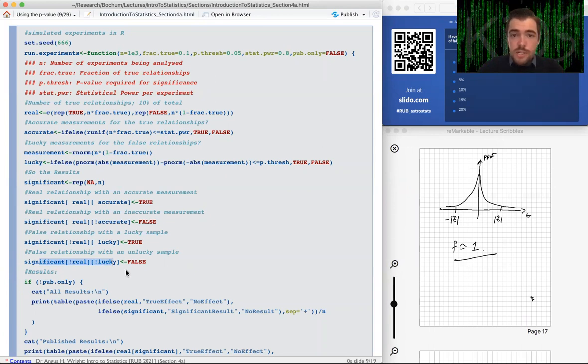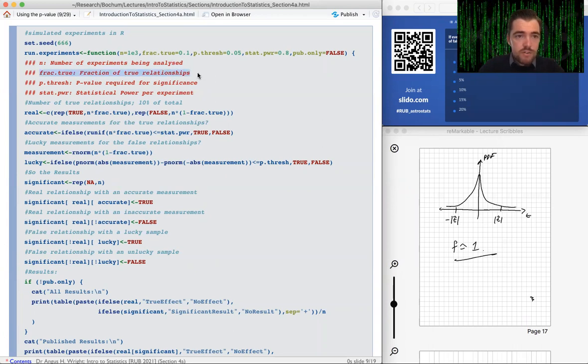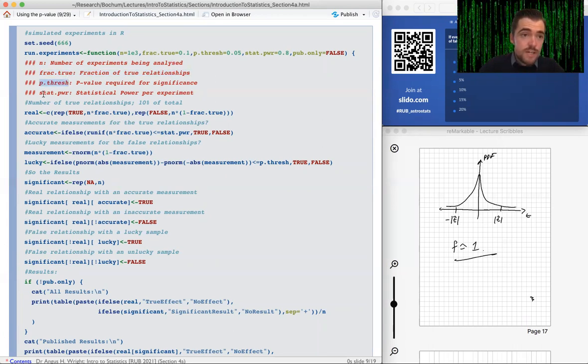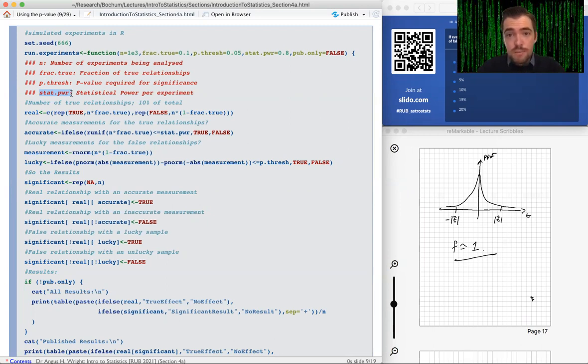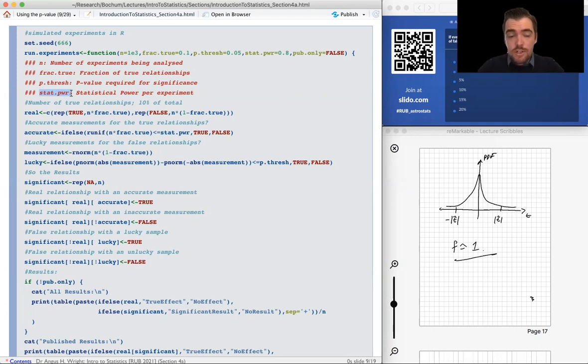And so we can use this simulation with just these numbers, the number of experiments being analyzed, the fraction of true relationships, the p threshold that we use for significance, and the statistical power of the experiments, to figure out the fraction of false hypotheses that are published in the literature.